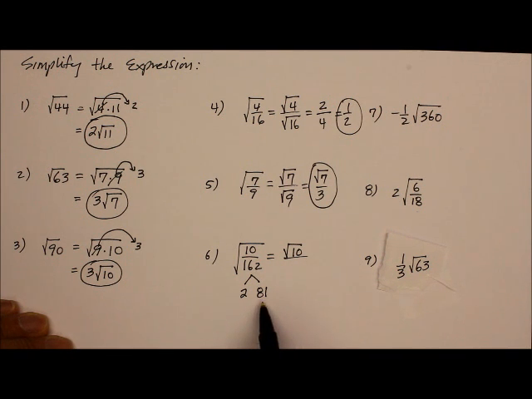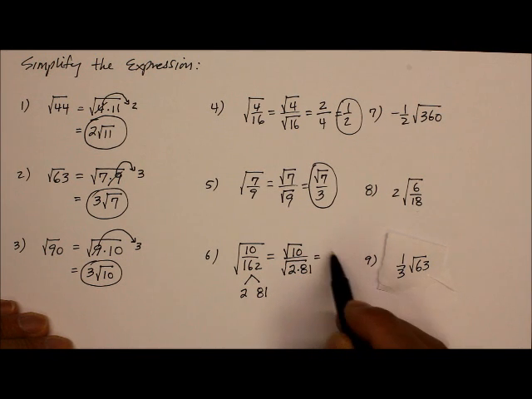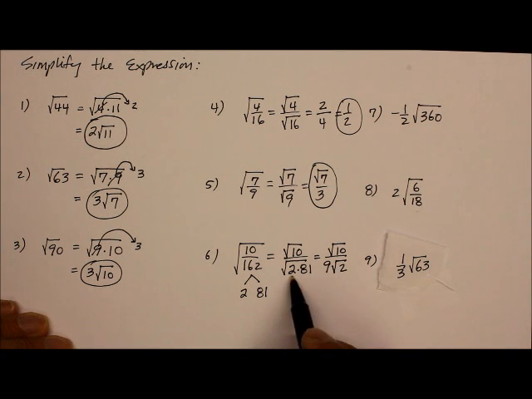So that's like saying square root of 2 times 81. But isn't square root of 81 a 9? So you get square root of 10 over 9 square root of 2. 2 cannot be simplified, so it stays inside the radical.